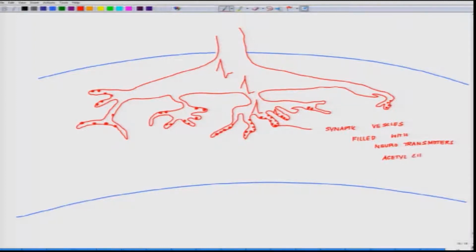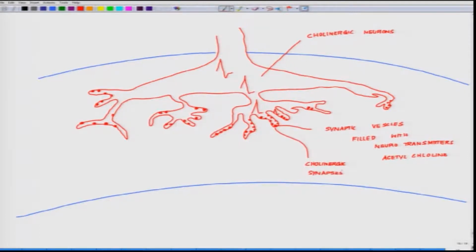Because these synapses are governed by acetylcholine, these are also called cholinergic neurons and cholinergic synapses.